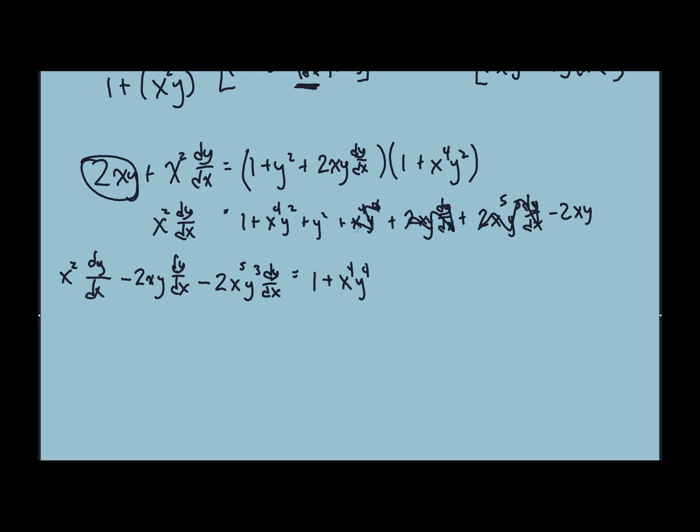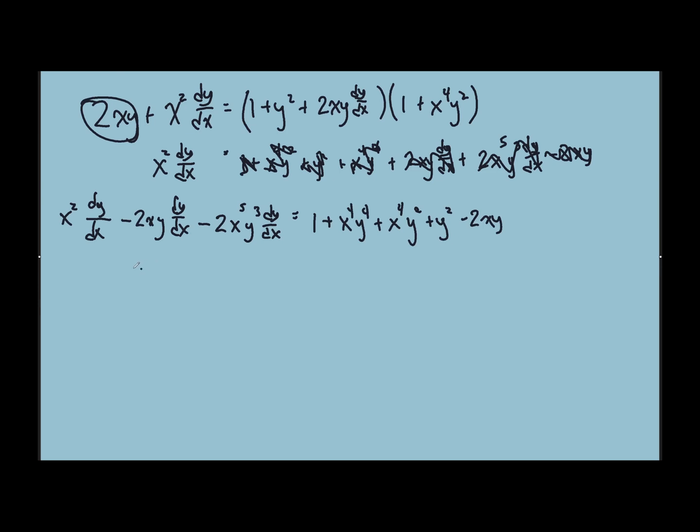highest exponents, plus x to the fourth y squared minus 2xy, now let's do the y squared, plus y squared minus 2xy. Did I miss anything? There's a y squared, a 2x, I think that's all of them. And we will factor out and divide.